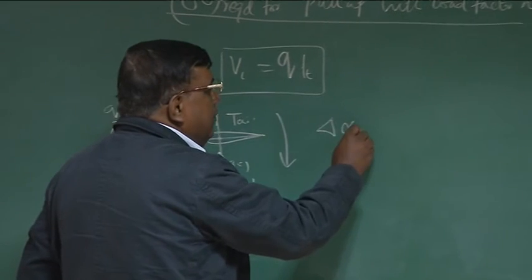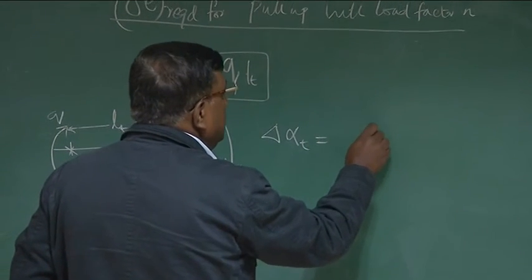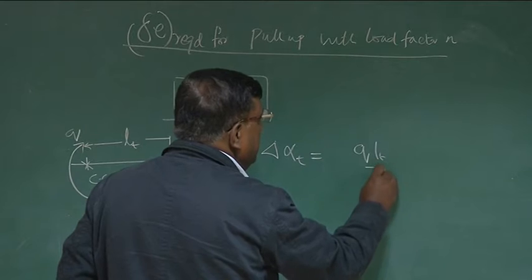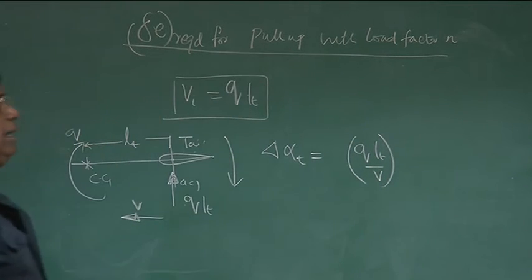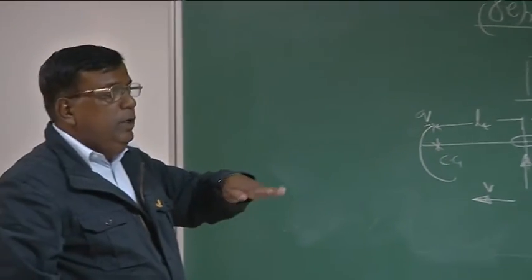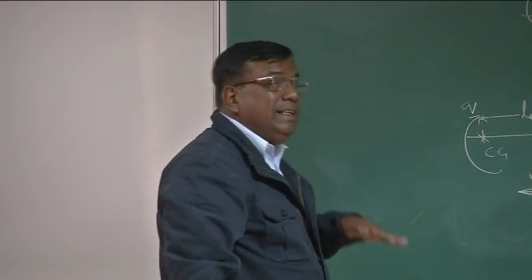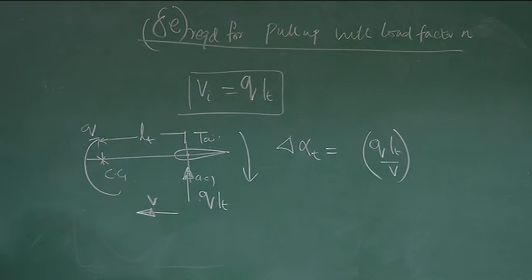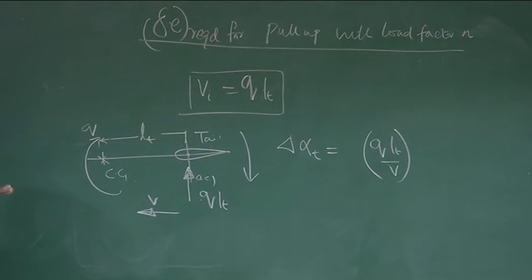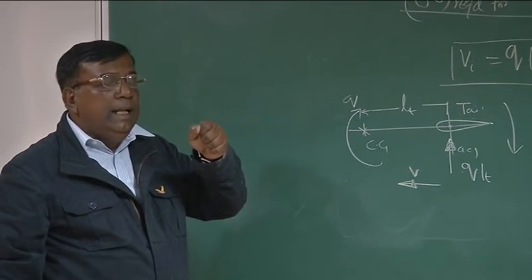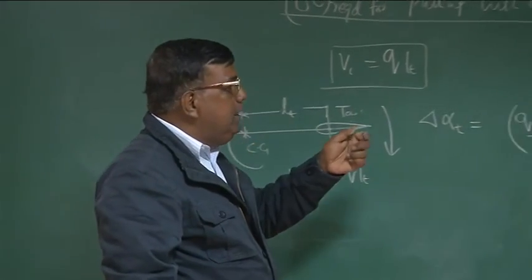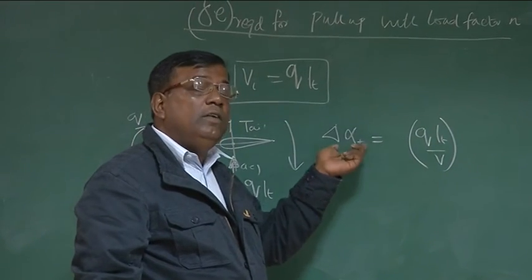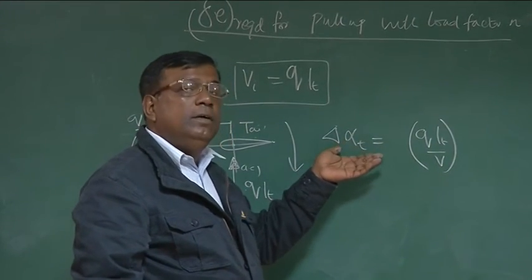So delta alpha tail will be QLT by V. This much of additional angle of attack will be seen by the tail when the airplane is doing a pull-up like this. That is when there is a Q. And the moment delta alpha T is now more than the alpha seen during cruise, because he was cruising like this, then he was doing the pull-up, I have to again put additional elevator so that this delta alpha T, which will cause a nose-down moment, is now taken care of, right?